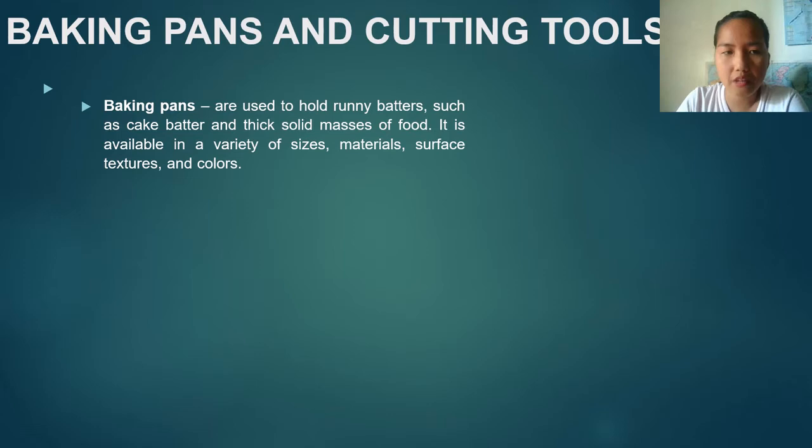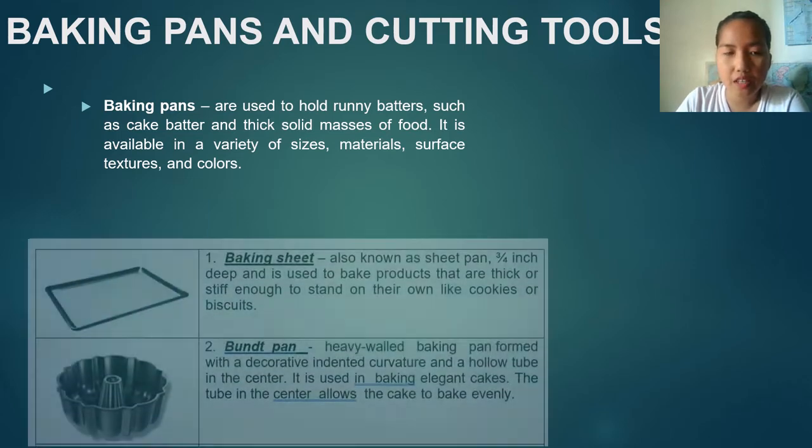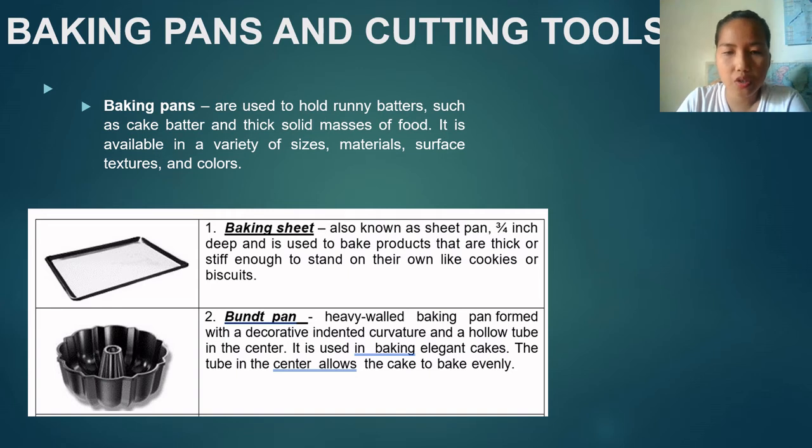There are plenty of baking pans, I think 11 in all in your module. I screenshotted your module so it is easier to discuss and for you to follow. The first one is the baking sheet, also known as sheet pan.